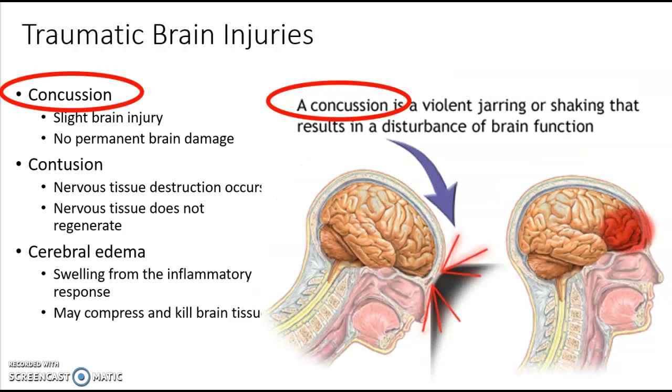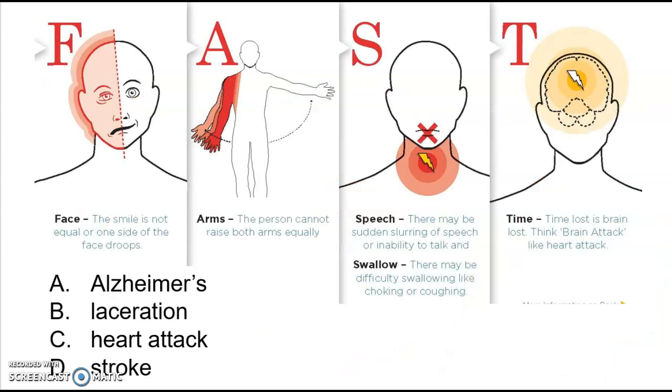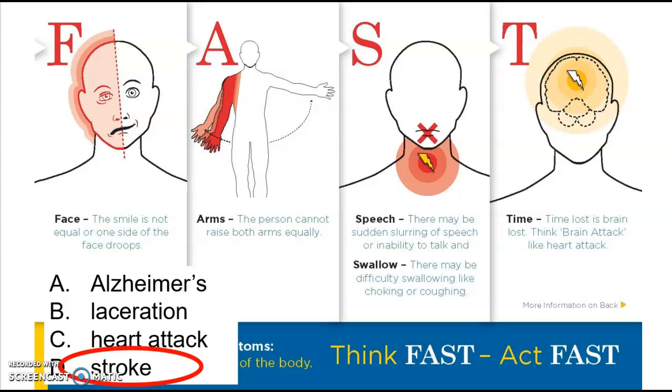Concussion. This acronym FAST is used to detect a condition where the oxygen levels have been cut off to the brain. This is used to detect stroke.